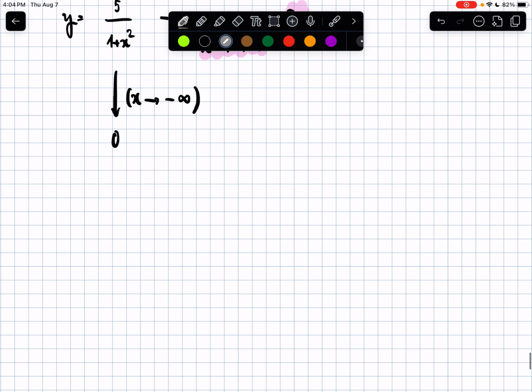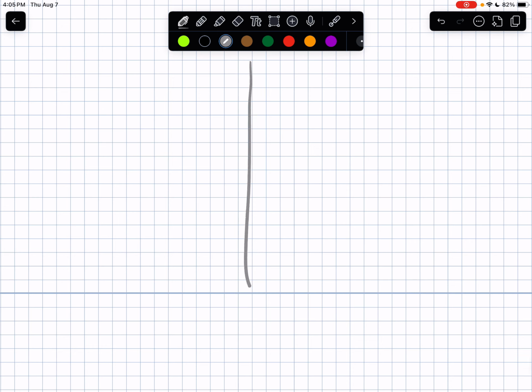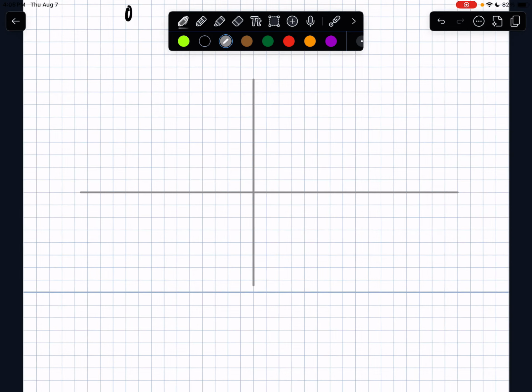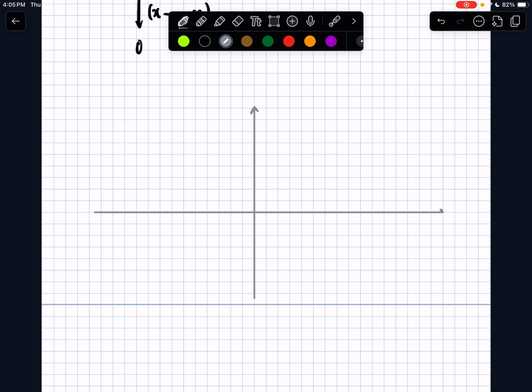So we graph the function. Here are the x and y axes, and here's 5.